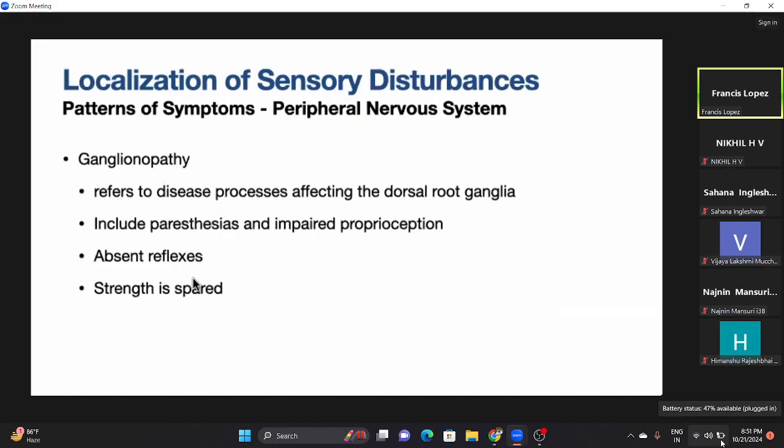So the manifestation or the distribution is usually the same as that of the spinal nerve root involved, but what is more prominent is that in these ganglionopathies, the reflexes are absent. Okay, and the strength is usually spared.